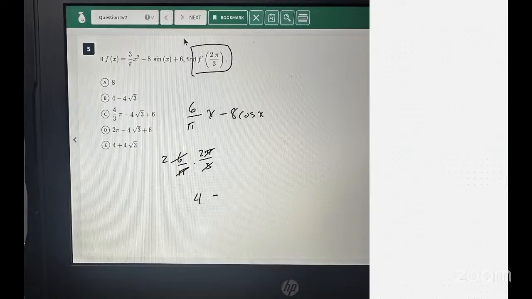Here's pi over 3, here's 2 pi over 3. So that's the bigger one. That's √3/2. I'm sorry, no, that's the smaller one. Oh, 1/2. Yeah, so it'd be -1/2. Okay. Wait, I didn't plug that in right yet. That's 8 times -1/2. So that's plus 4. So the answer should be 8, I think. Yep. That's an answer choice.